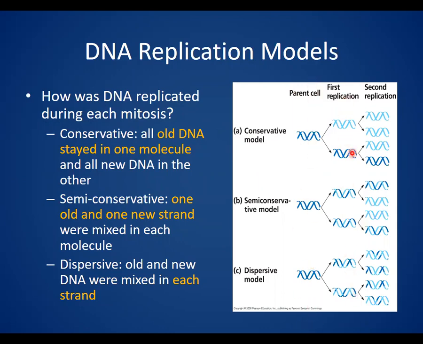Here is the DNA of the first generation, so the two cells that are formed from the first parent cell's mitotic division. And here's the second generation, the four offspring that are composed of the mitotic division of each of the first offspring. In the conservative model, all of the parental DNA stays with one of the offspring.